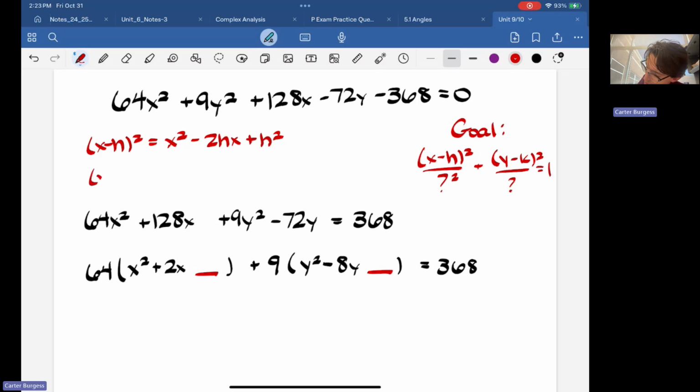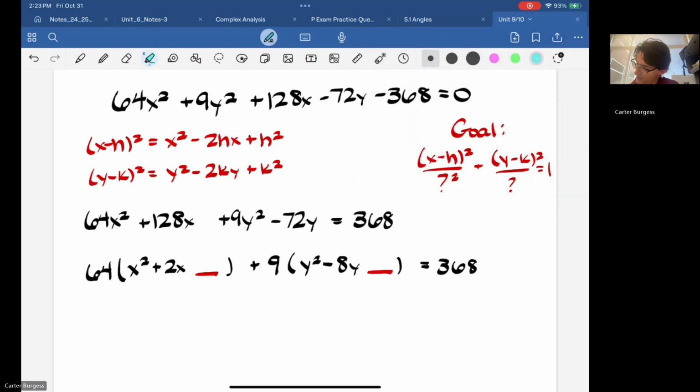And if I do y minus k squared, we get y squared minus 2ky plus k squared. So the thing that is missing in red here, I need to add in an h squared into this box, and I need to add in a k squared into this box.